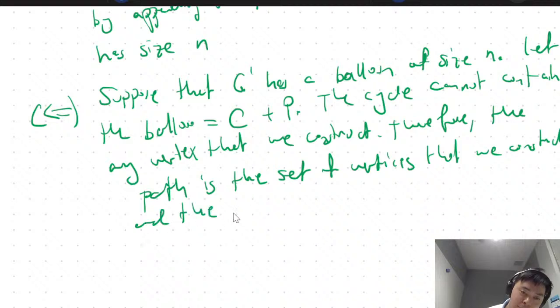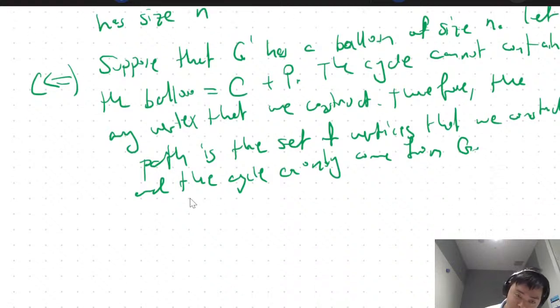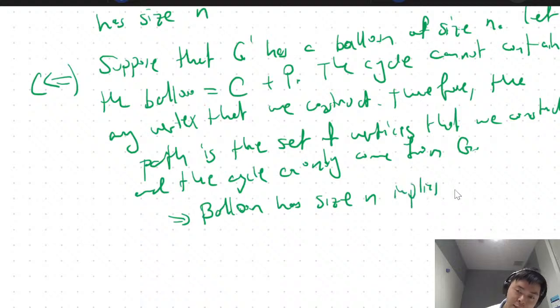and the cycle can only come from G. In other words, the cycle itself can only come from G, but remember that the balloon has size n. Balloon has size n implies that the cycle has size n.